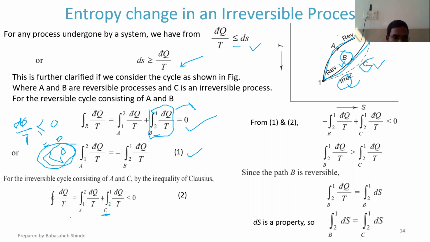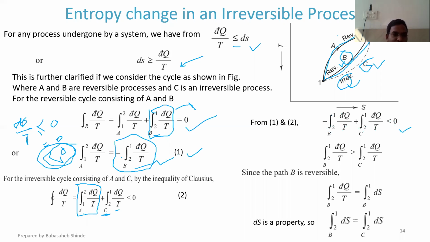Now here the integral of dq by t from 1 to 2 along path A is equal to, from equation 1, minus the integral from 2 to 1 along B of dq by t. So we are going to replace this term with that one. So you will get minus the integral from 2 to 1 along B of dq by t plus the integral from 2 to 1 along C of dq by t less than 0.